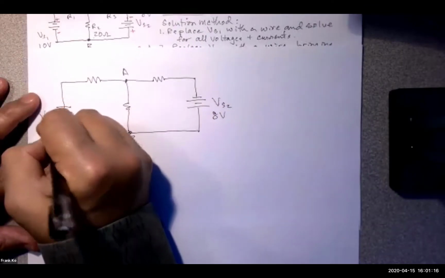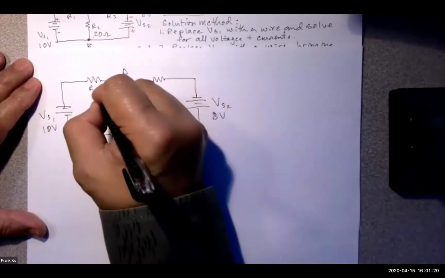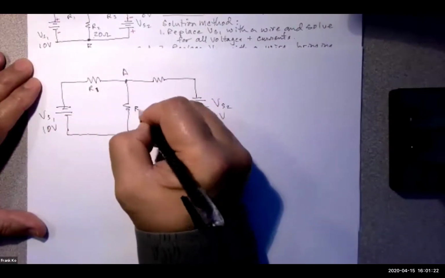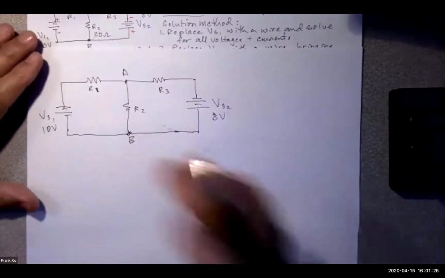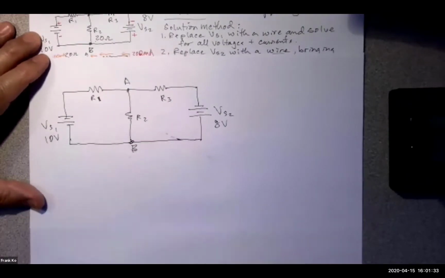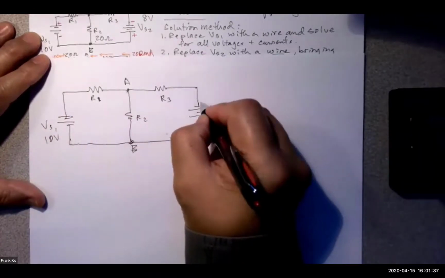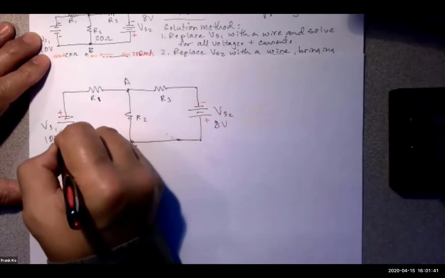VS1 is 10 volts. R1, R2, and R3. We already know the ohms. I don't have to write down the ohms. What I will write down, however, are the polarities. So we're going to do polarities of the voltage sources. So this is clearly negative, clearly positive, clearly positive, clearly negative.